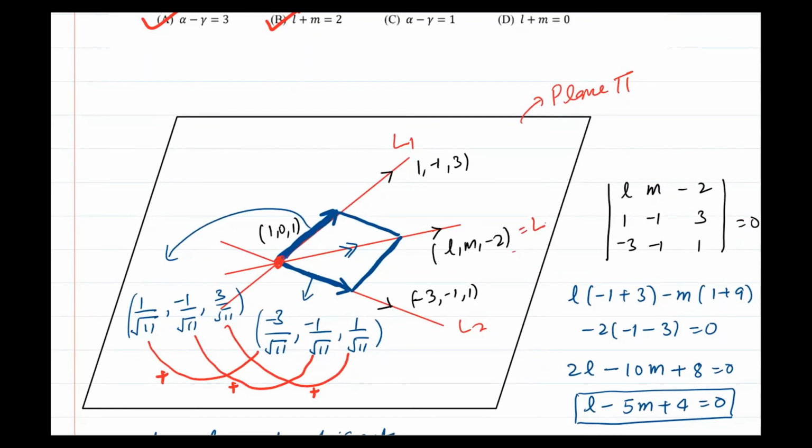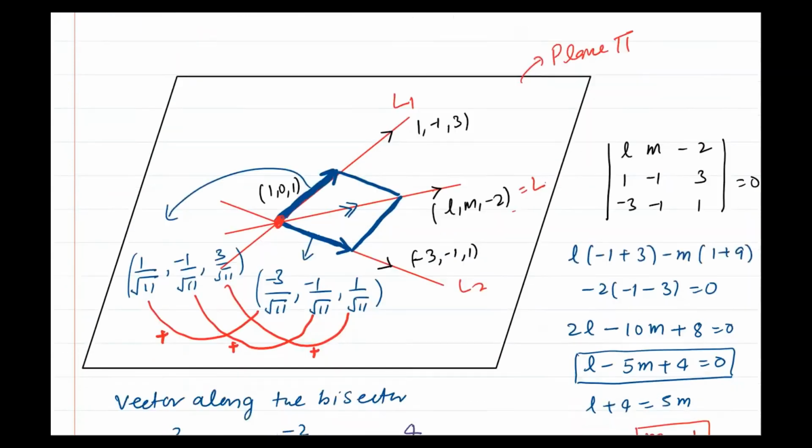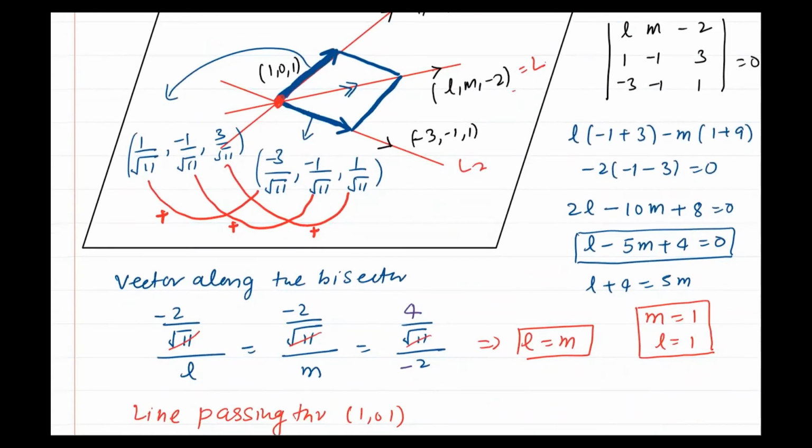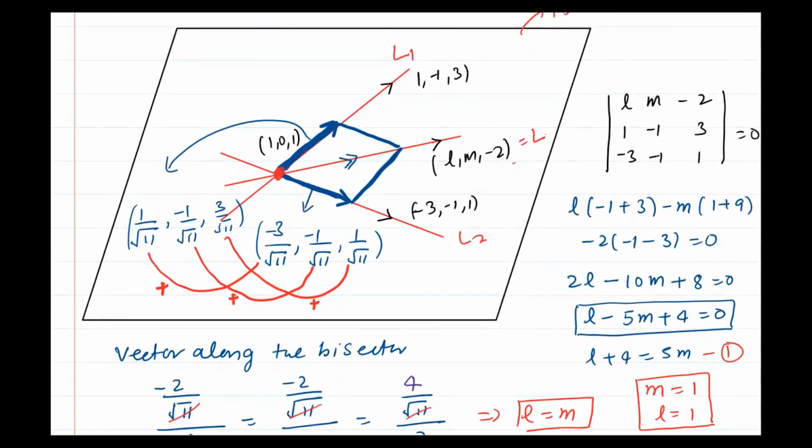So what I did here, I have taken all three vectors as coplanar. So here I have taken the coplanarity condition, and for the coplanarity condition, delta becomes 0. So we get this relation, the first relation, with l, m, minus 2, then 1, minus 1, 3, and 3, minus 1, 1.